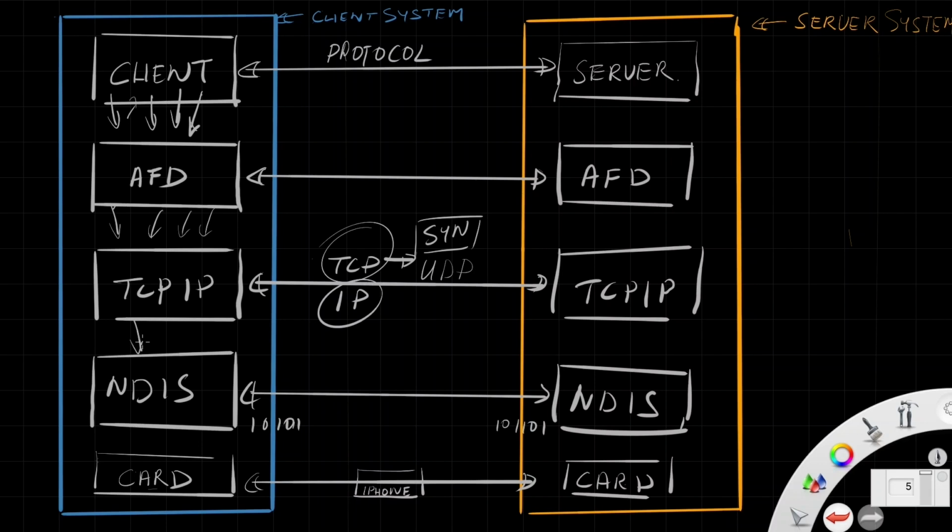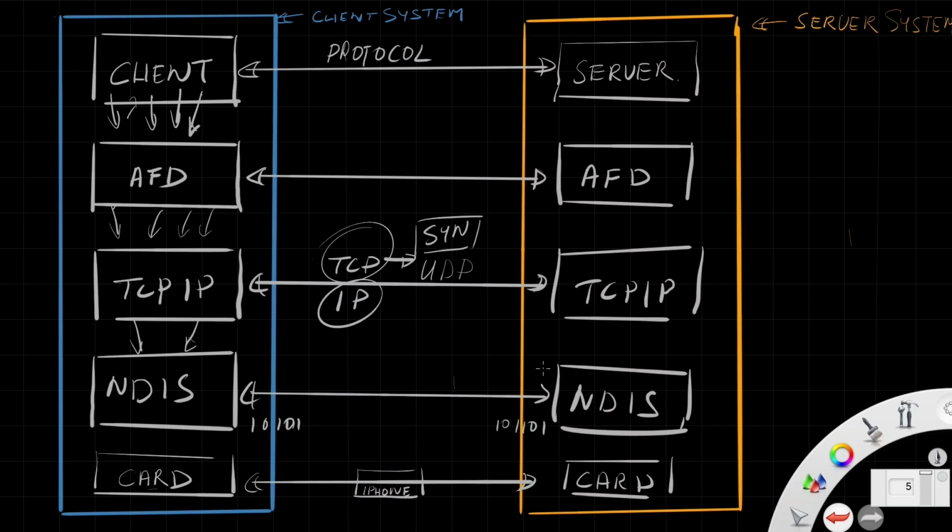NDIS, which you see as the truck here, needless to say, handles everything. All it cares about is binary digits, read and write. That is the main thing NDIS does. So the AFD has all the connects from the client. TCP has all the AFDs in the entire system. And NDIS has pretty much everything because it handles the binary data from the TCP/IP, just like in the case of the post office.